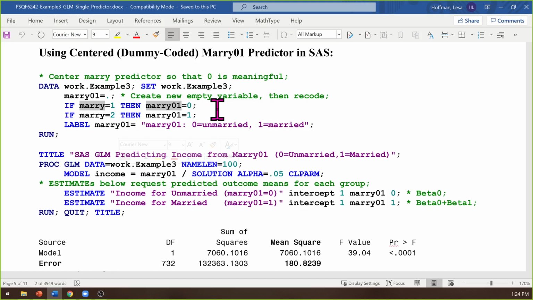Oftentimes in publicly available data, you will see binary variables automatically coded as 0 versus 1 because they know that this is coming and they're trying to save you a step. If you have a survey where the first answer is 1 and the second answer is 2, then you end up with some sort of ordinal thing like this one where you'd have to convert the 1s and 2s to 0s and 1s.